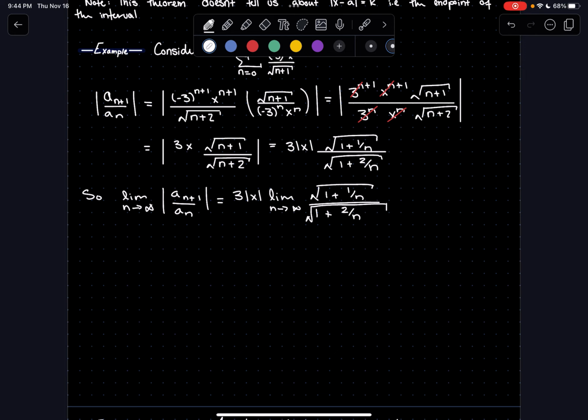So as n goes to infinity, we get 1 over infinity, which becomes 0, and then we get 2 over infinity, that also becomes 0, so we just get square root of 1 over square root of 1, that's just 1, right? And so we get that this limit is just equal to 3 absolute value of x.